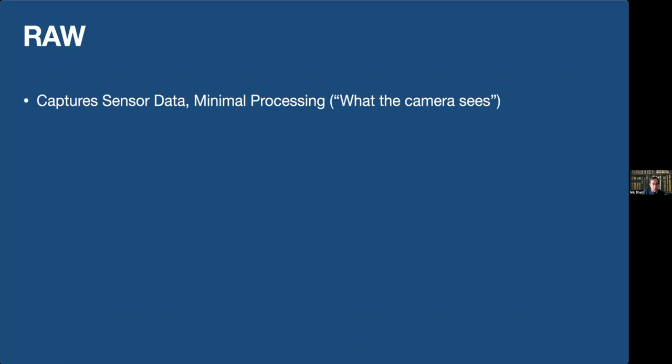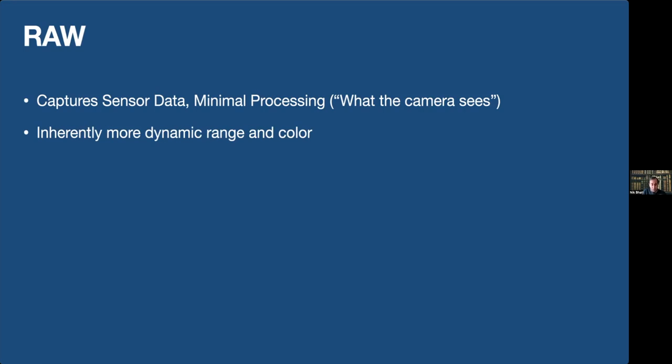I mention it only because it's the best format for editing images. So if you're not aware, raw images capture sensor data. They're minimally processed. It's basically what the camera is seeing. They have inherently more dynamic range, which is sometimes called bit depth.